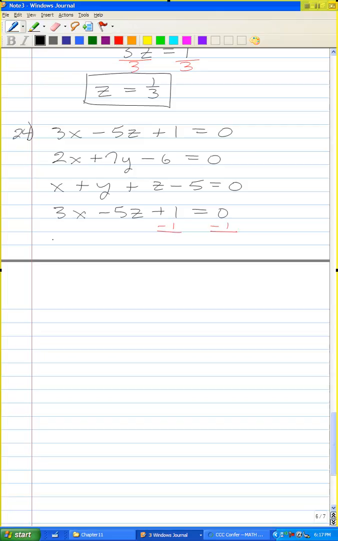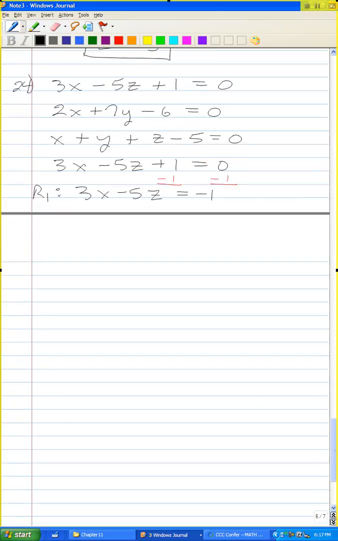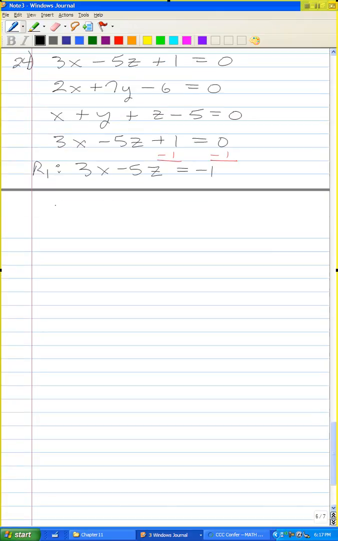And so I'll get R1 will be 3x minus 5z is negative 1. Let me add 6 to both sides of my equation. 2x plus 7y equals 6.